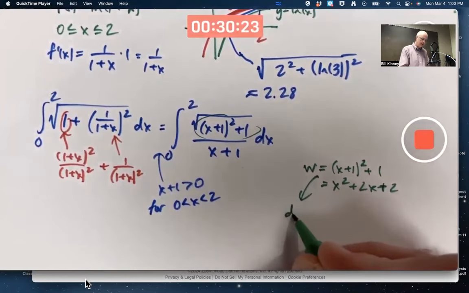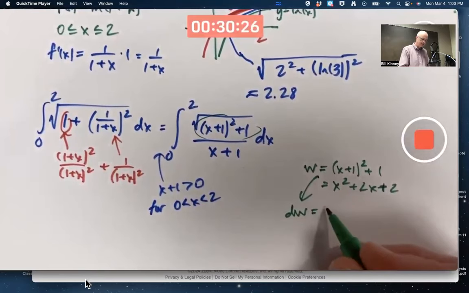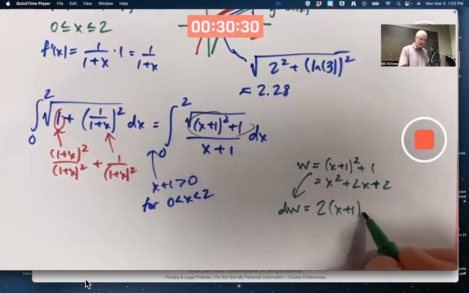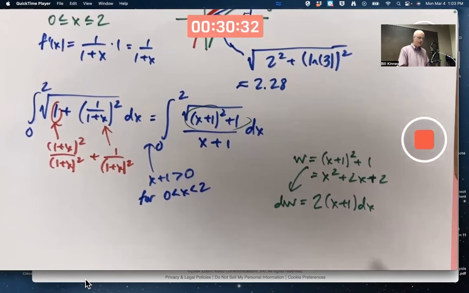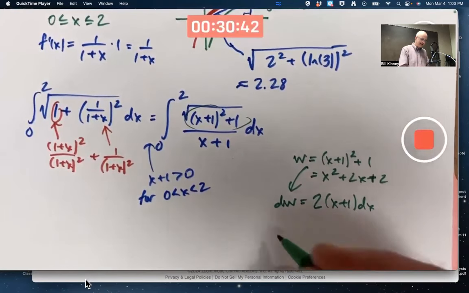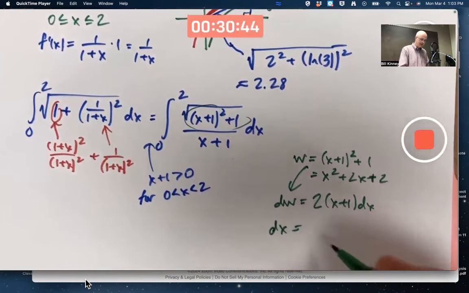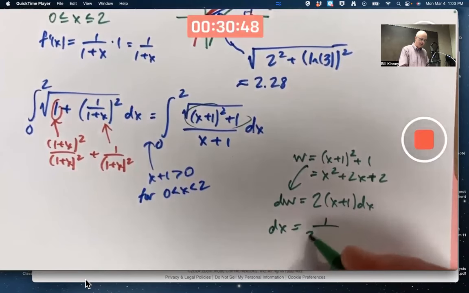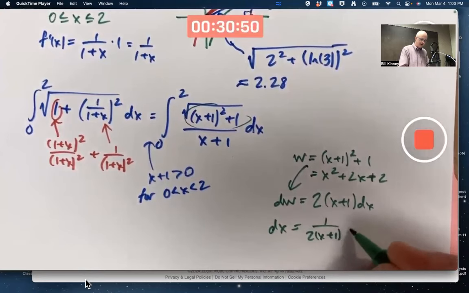If I find dw, it equals 2 times x plus 1 dx, by differentiating that. I did it with the chain rule, actually. And I can rewrite dx ultimately in terms of dw by dividing both sides by 2 times x plus 1. I can write dx as 1 over 2 times x plus 1 dw.